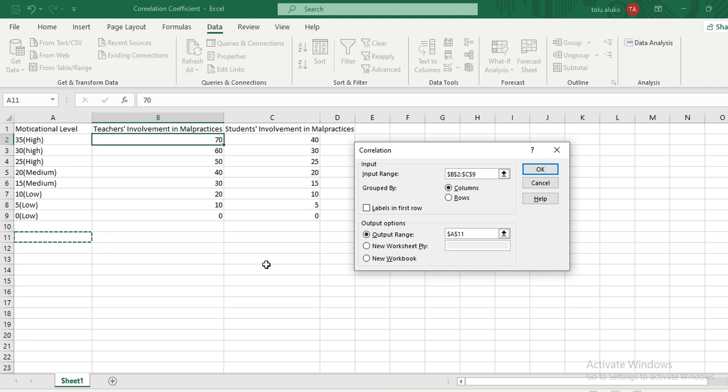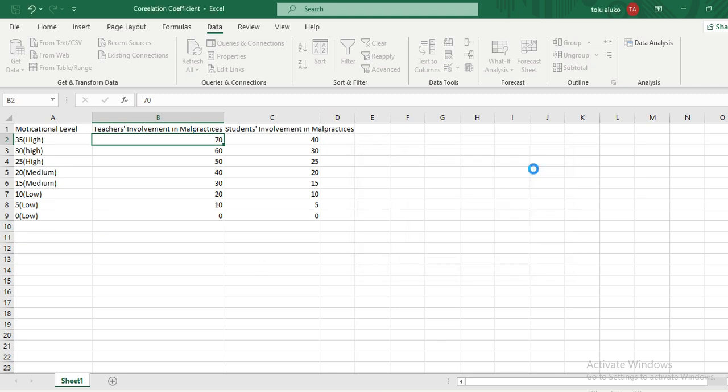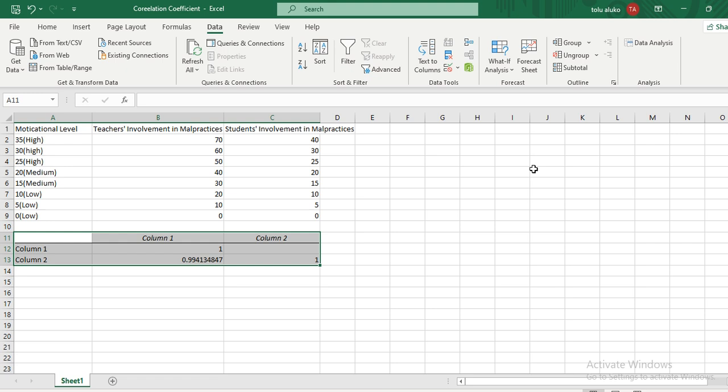So I will click OK. Now we can see here that all of them are within the range of -1 and 1. This is 0.9, which is still less than 1 but positive.